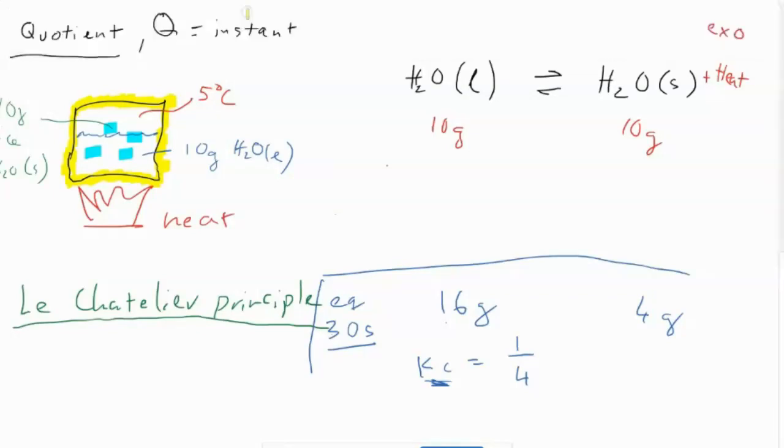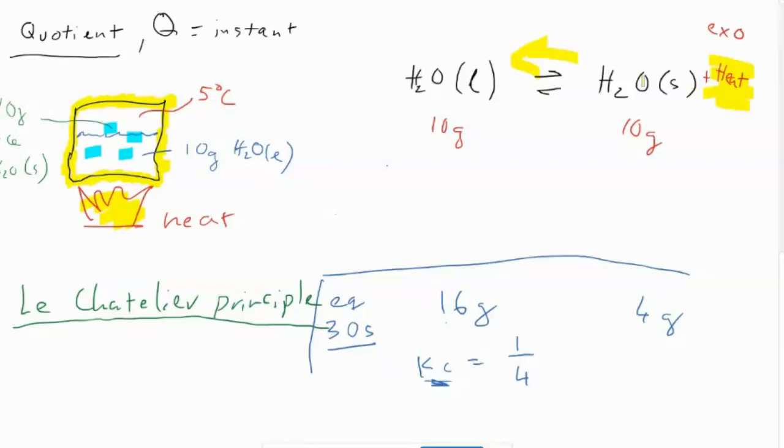Okay, now you are perturbing this equilibrium by adding more heat. You're making this heat side larger. So what's going to happen? Well, according to Le Chatelier principle, the equilibrium will shift to the other side to restore the equilibrium.